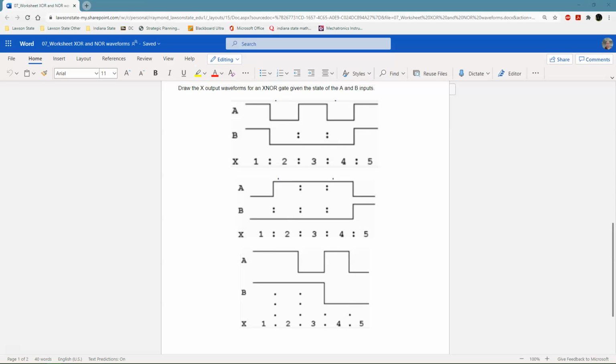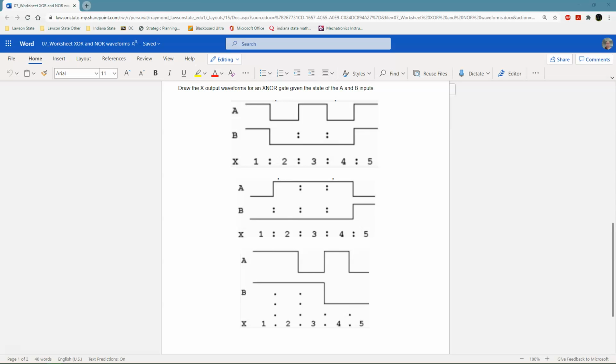So I'm going to dip at 3. I'm going to get a signal for 4 and for 5. Y'all see what I mean by that? So you only dip it when it's different.